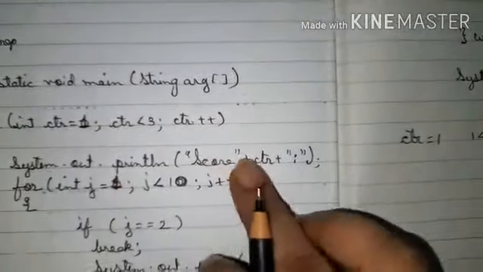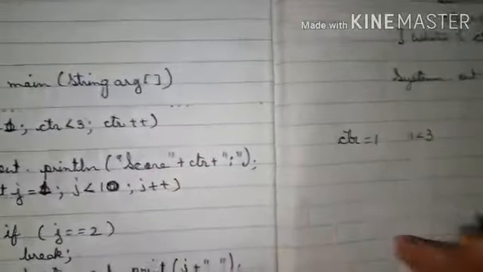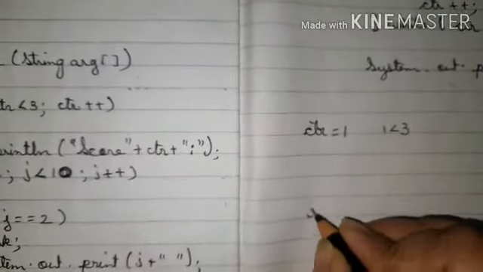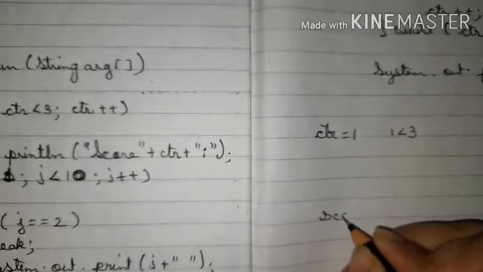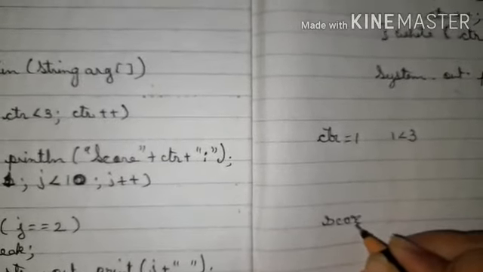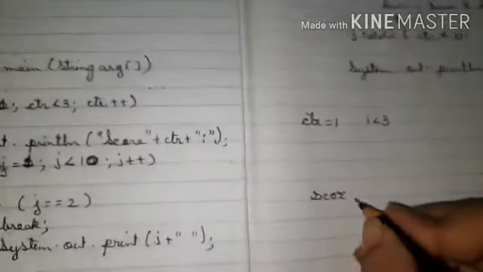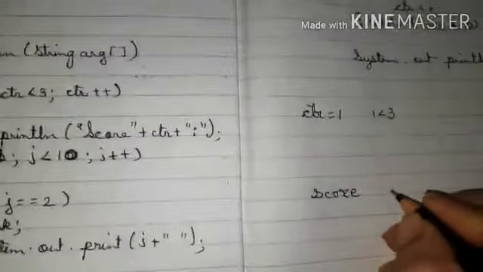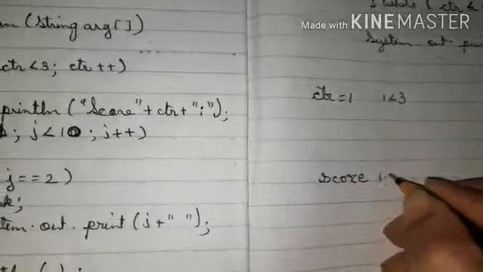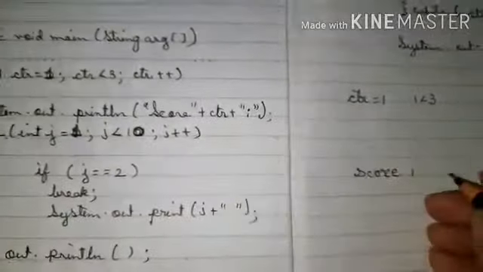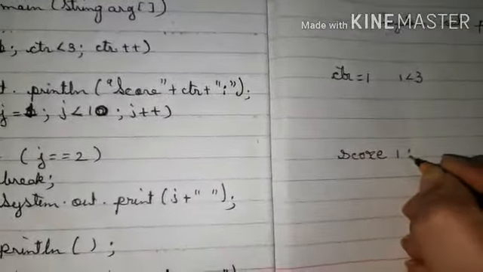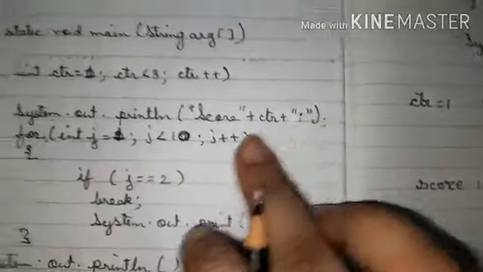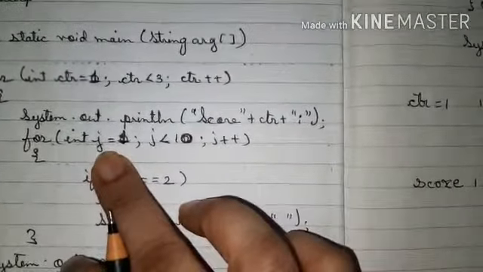So it will come here and it will display score, and then CTR is my 1. So score 1 is written with a colon. So this is going to display, and then we will come to the J loop.